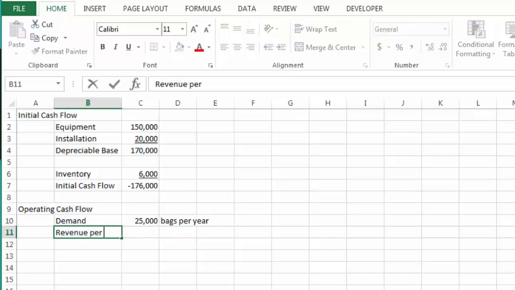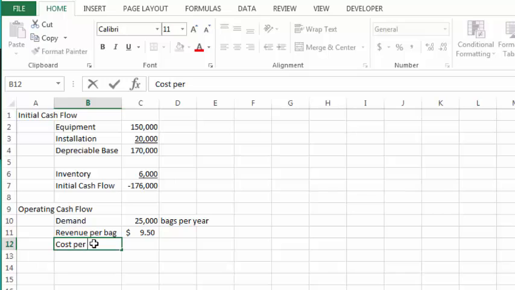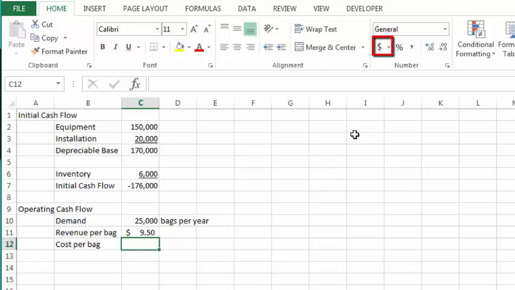Revenue per bag is assumed to be 9.5 and the cost per bag is assumed to be 4.5.